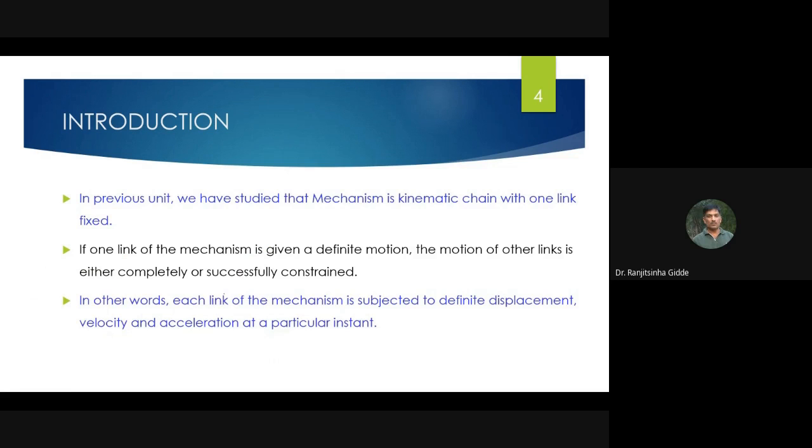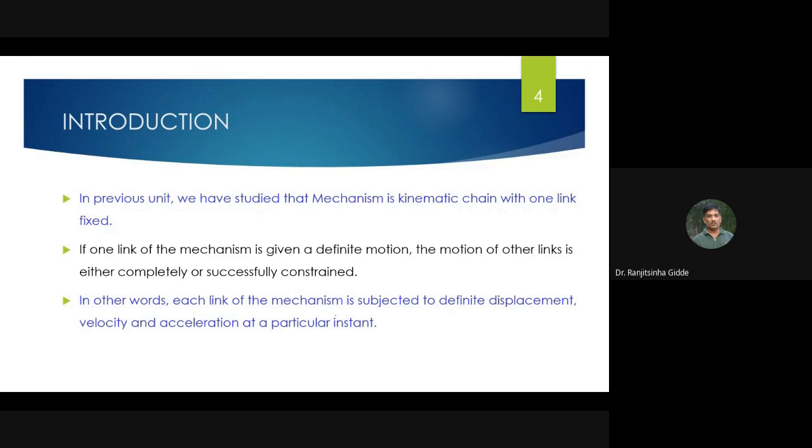Okay. In other words, each link of mechanism is subjected to definite displacement, velocity and acceleration at particular instant, right? So whatever motion we have provided to that particular link, that is subjected to some displacement, velocity and the acceleration.